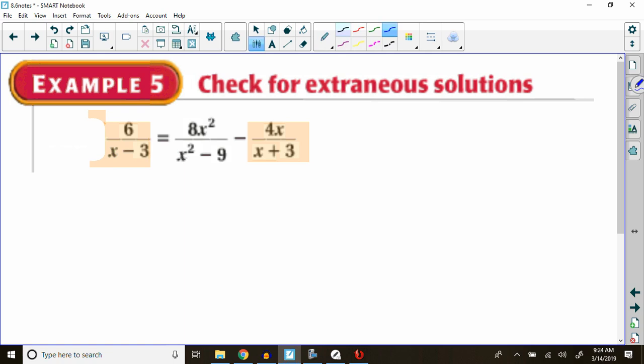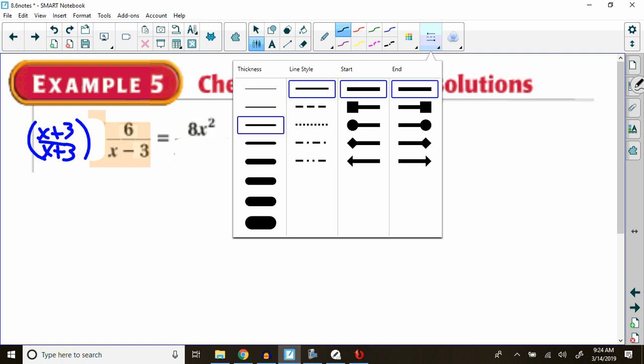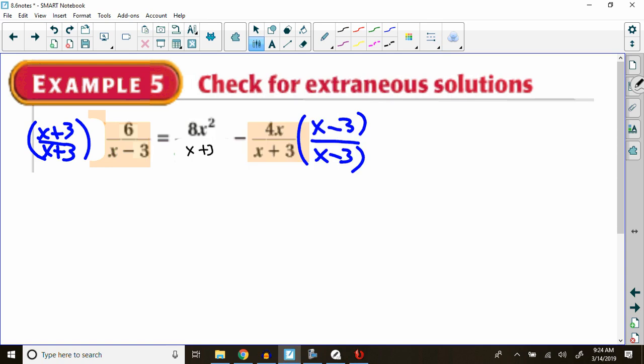If I multiply this by x minus 3 over x minus 3, and this by x plus 3 over x plus 3, then all of my denominators are going to be the same, because this x squared minus 9 is really x plus 3 times x minus 3. So this is not horrible.